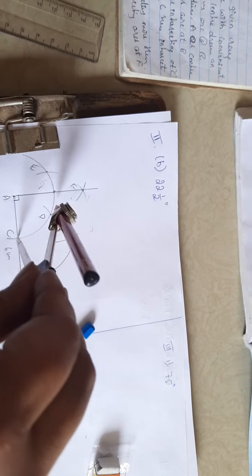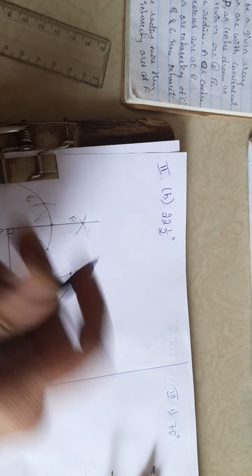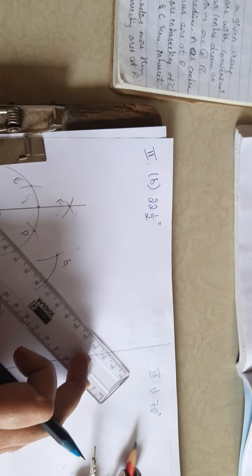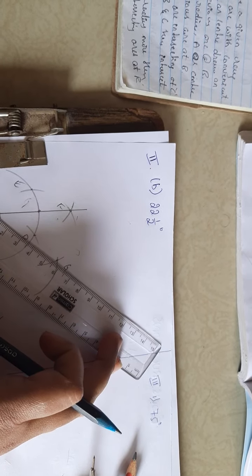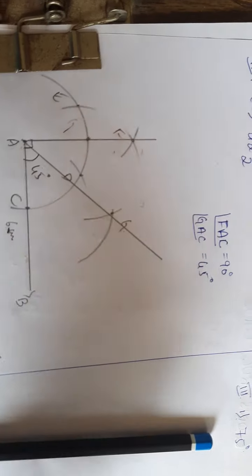Both the arcs will coincide, no? That intersection point I will label now as G. With the help of scale, I will join AG now. So I drew AG, children.